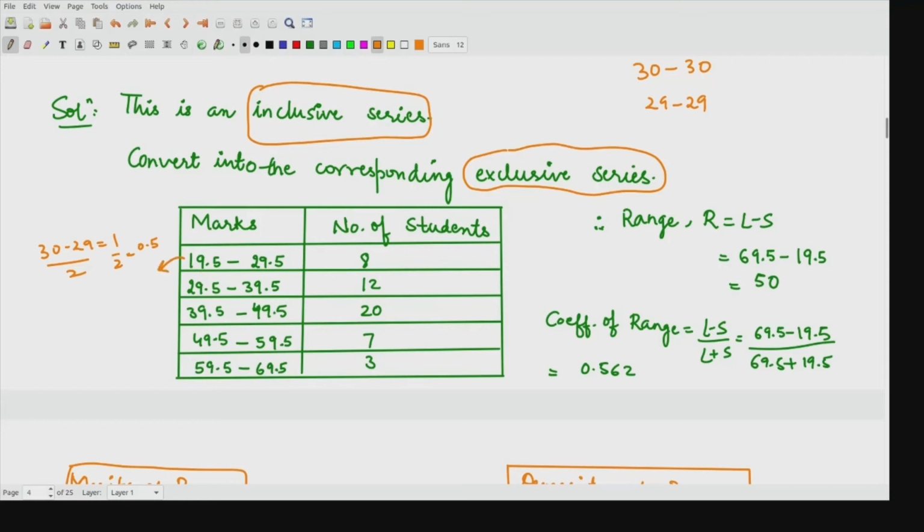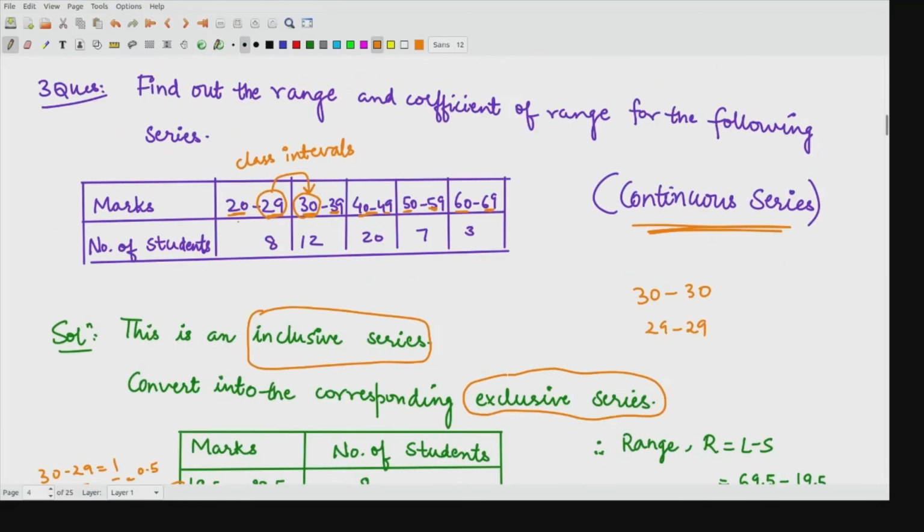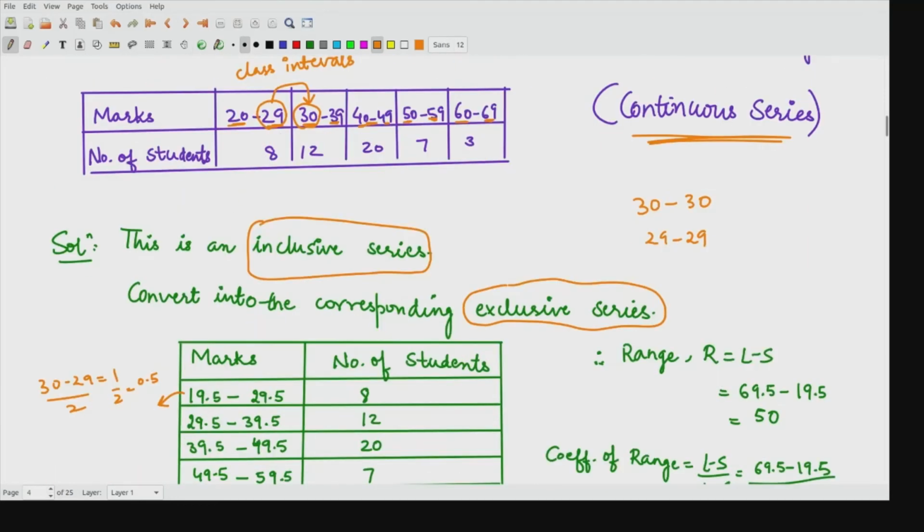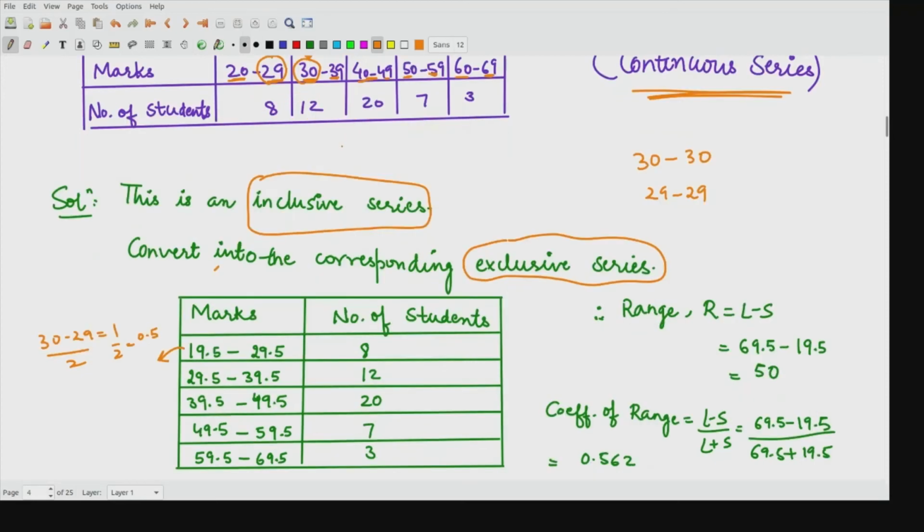So when we subtract 0.5 from 20, we have 19.5, and when you add 0.5 to 29, you have 29.5. And similarly for the next intervals, when you subtract from 30, you have 29.5, subtract from 40, you have 39.5, and so on. So these lower values are obtained by subtracting 0.5, and these upper values are obtained by adding 0.5 to the given data, right?